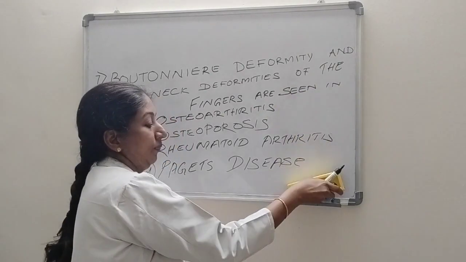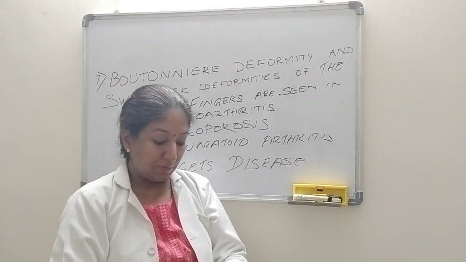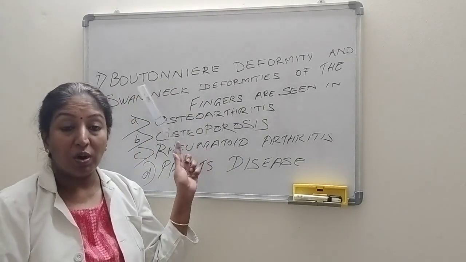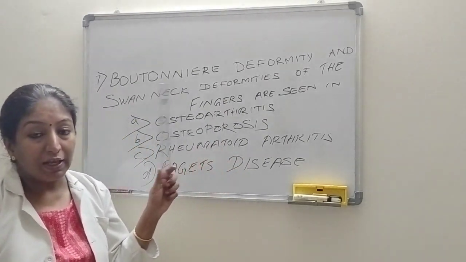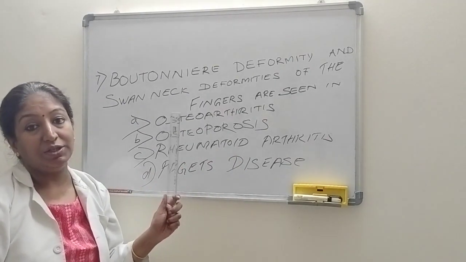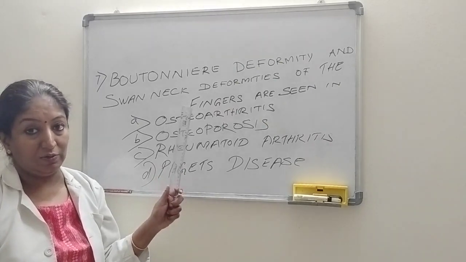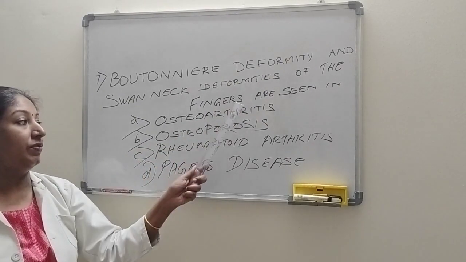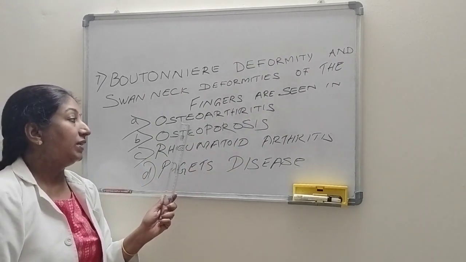Okay. Good. So it's very important that while reading the question, you should know what is written there. Then only you will come to know what condition this is. So the question is Buchner deformity and Swan deformities of the fingers are seen in. Option 1 is osteoarthritis.